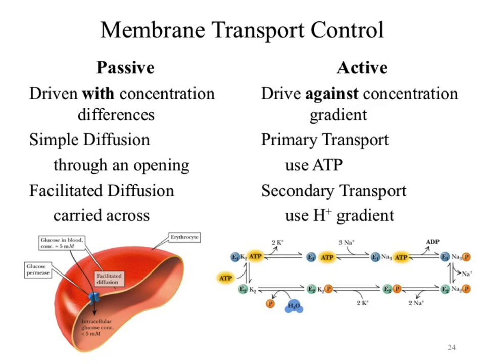Active means we have to force it across. How do we force something across? Energy. That's where we bring in our ATP. Okay? So our passive comes back to concentration differences, like in ATP synthase. We have a passive transport of hydrogen across the membrane to generate ATP. How did we get the hydrogen across the membrane to begin with?